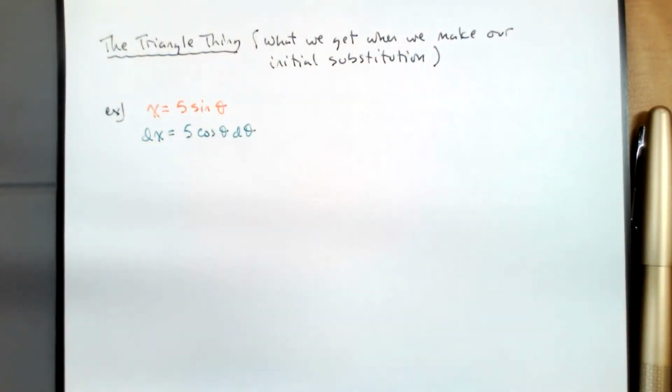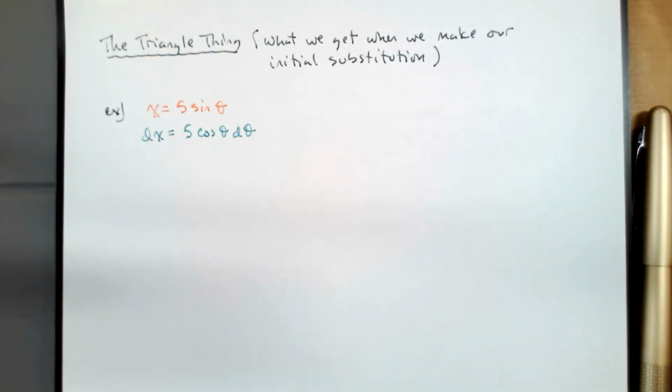So the x equals 5 sine theta, that's our initial substitution. That's where this is all starting. From there, we have to get the dx, and these are the pieces that we need to do the trigonometric substitution. This is what takes us from the x integral to the theta integral.